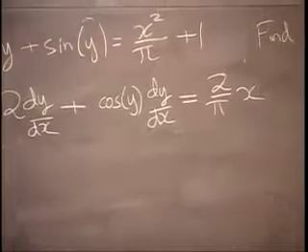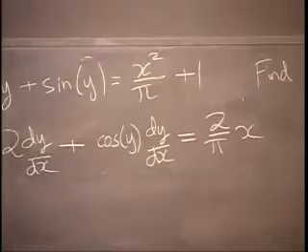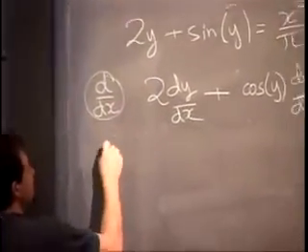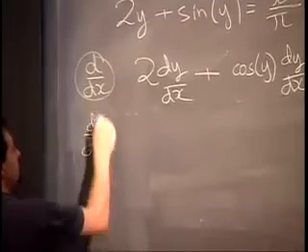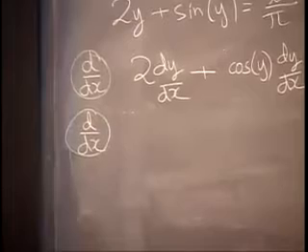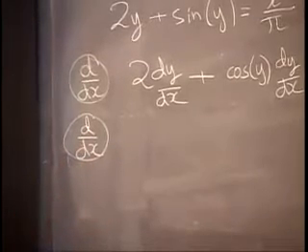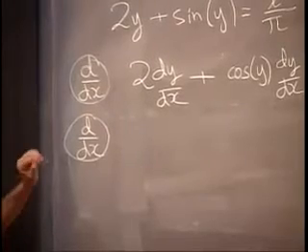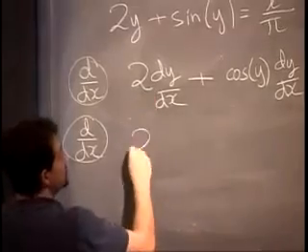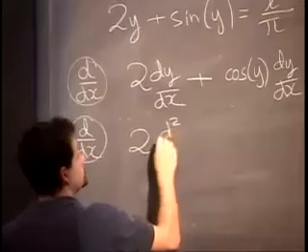Now, here's the thing. We could solve for dy dx and then differentiate implicitly. But maybe even the simpler way is to, again, take d dx of all of this. See, we need a second derivative, so we're going to have to differentiate twice. The question is, do you solve for dy dx and then differentiate? Well, you could, but it's actually probably easier to re-differentiate implicitly. So let's see how it works. 2 comes out. The derivative of dy dx is just the second derivative.